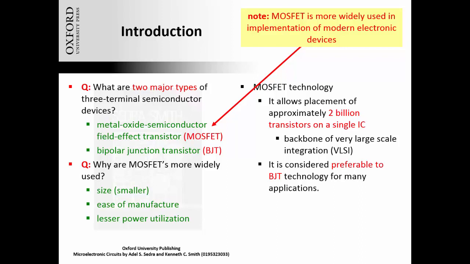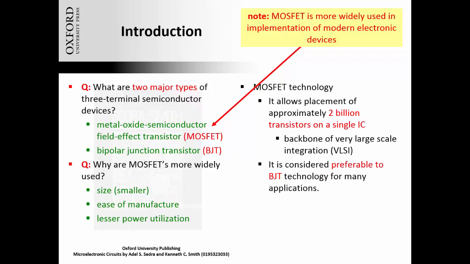There are SCRs, silicon controlled rectifiers. There are thyristors, etc. But these are the two transistors that will be discussed in this textbook, and these will be the two types of transistors that we will be interacting with through our lab activities and project at the end of the semester.